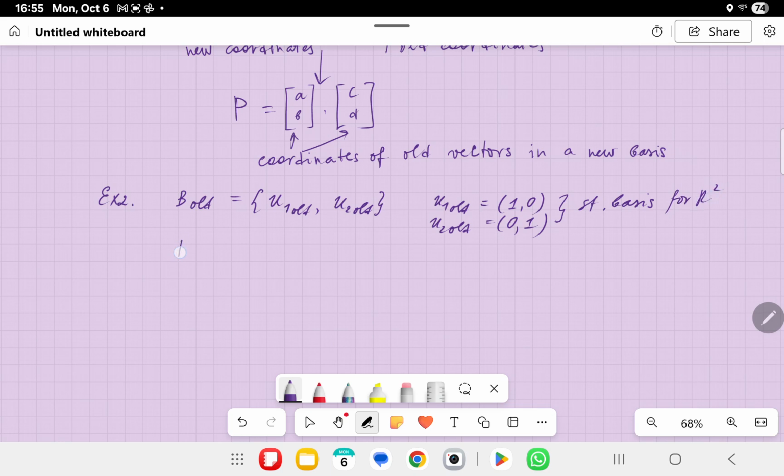My new basis, B new, is going to consist of u1 new and u2 new. My new vectors are going to be u1 new is (1, 2), and u2 new is (1, 1).